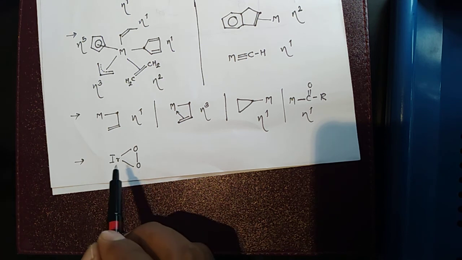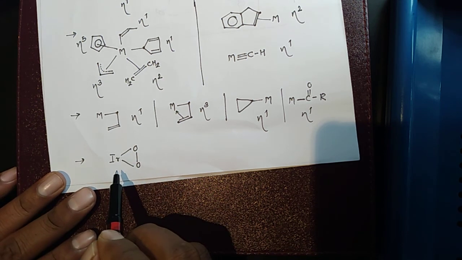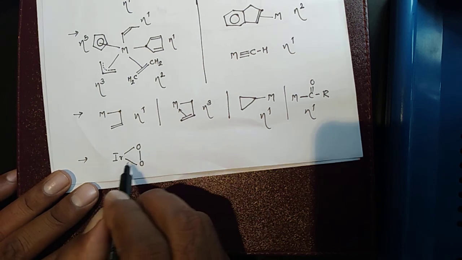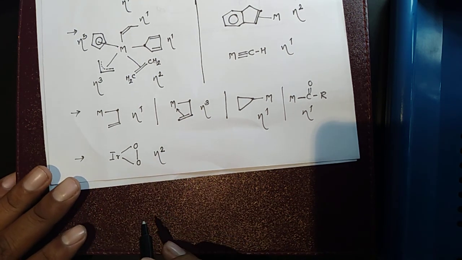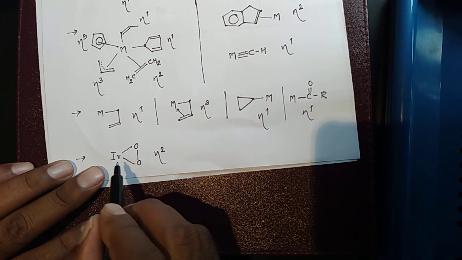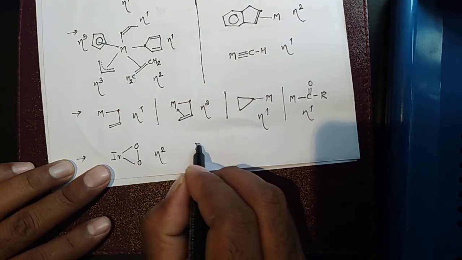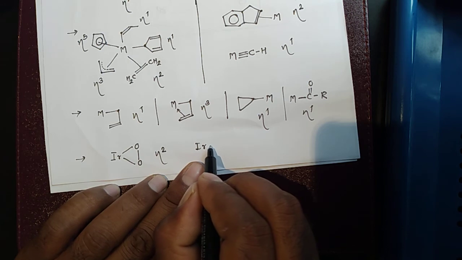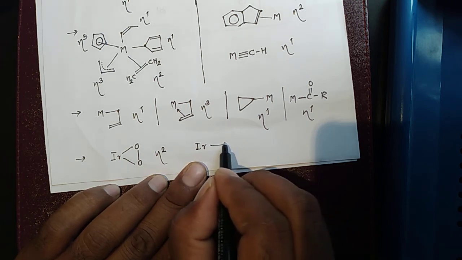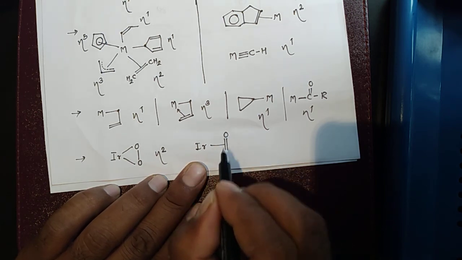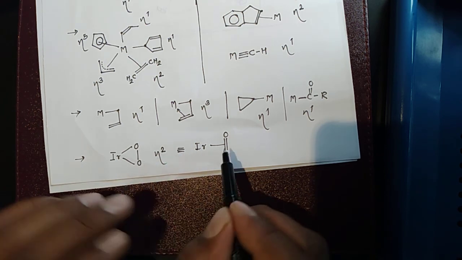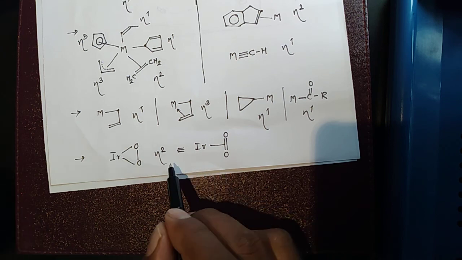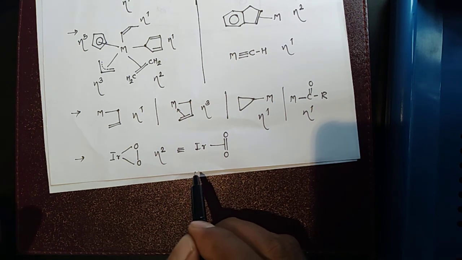I don't know, but they have asked it in the examination and we have to write down that the hapticity is 2. The same compound they can also write this way, iridium directly attached to the double bond having oxygen and oxygen atom. So both are the same compound having hapticity 2 in number.